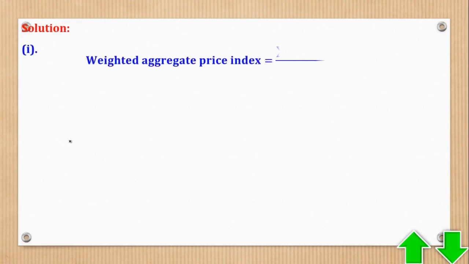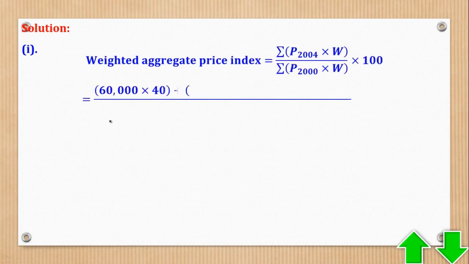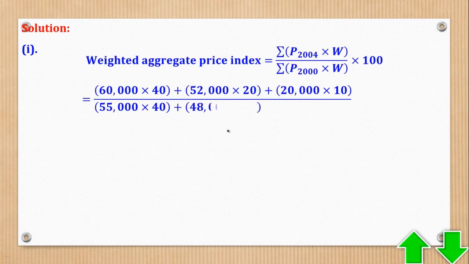Just like for simple aggregate, even here for weighted aggregate you have to quote the formula first. After that we shall substitute. For each price it has its own weight.